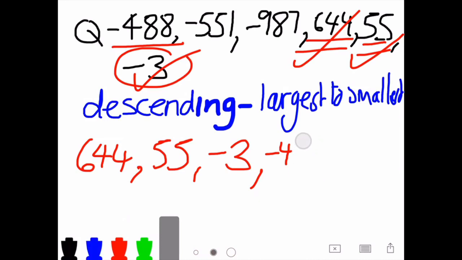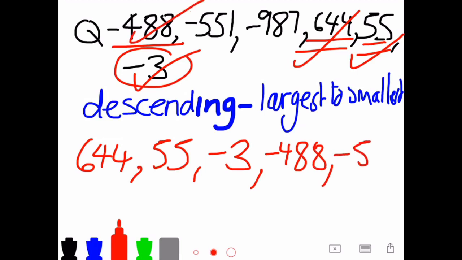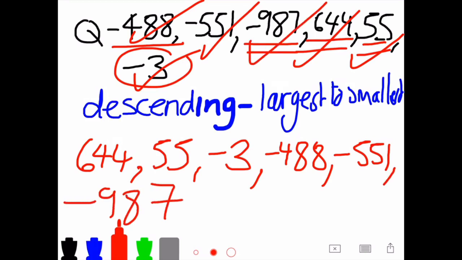Let me just sort that out, that doesn't look nice. Yep. Next is -551, and lastly, -987.